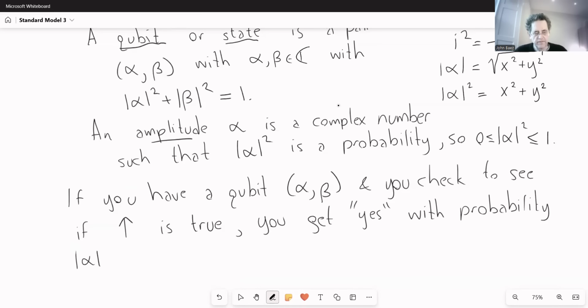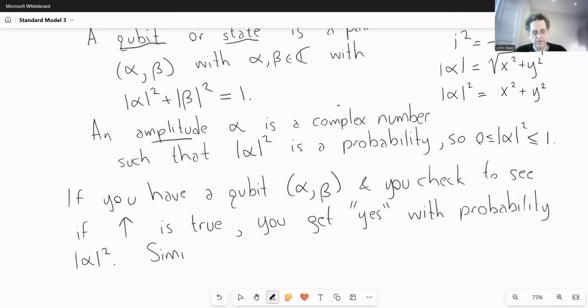So from what I've said so far, the role of the amplitude alpha is merely to compute this probability. That's not all there is to the amplitude. That would be sort of silly if that's all there was to it, but that's one of the things that it's good for.